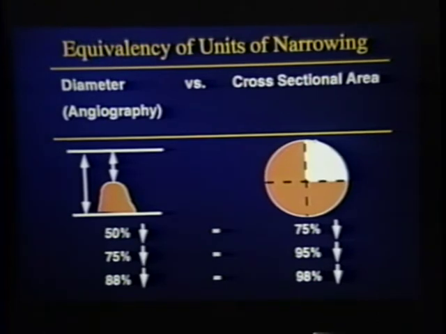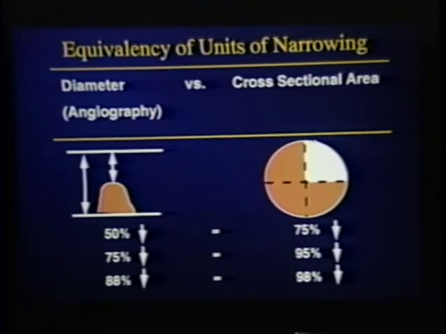And one of the physiologic principles, as I've been taught anyway, is that one has to have at a minimum 75% cross-sectional area narrowing in order to have any decreased flow through a pipe, through a tube, through a coronary artery. Now, in general, a 75% cross-sectional area narrowing is equivalent to a 50% diameter reduction.